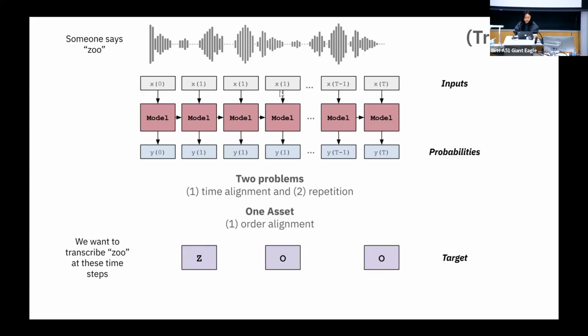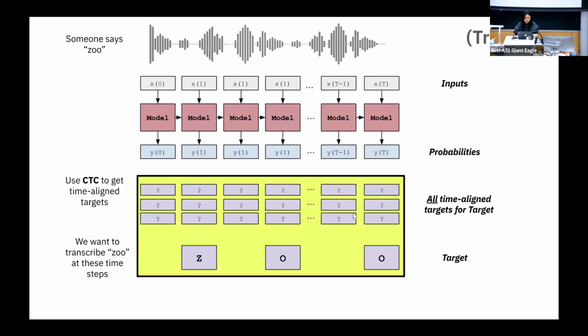You might think we can just compress the model's output sequence to make its length the same as ZOO, but you have to be careful how to handle the two repeating O's at the end. You cannot just merge them into only one, because that's not what we want. The key point is that CTC can help the model automatically learn how to find the alignment between the input sequence and the target sequence.